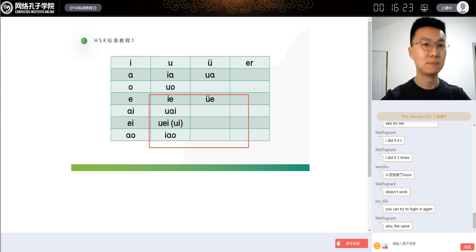Ya, wa, wo, ye, yue. These 5, the second sound is louder and longer than the first one.